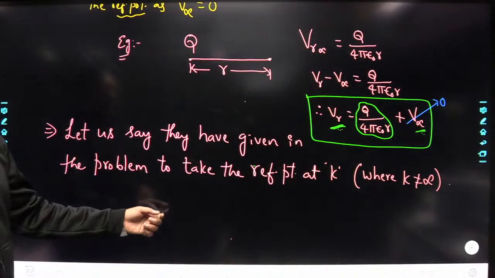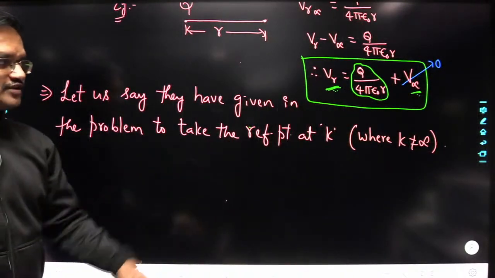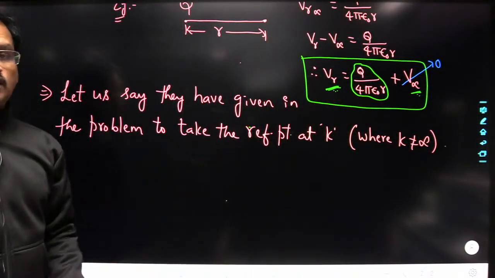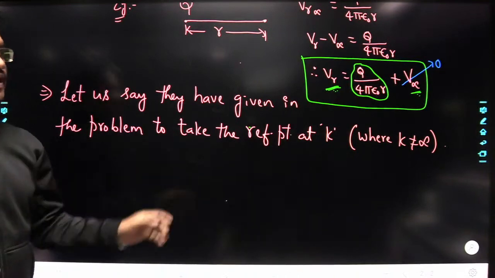So let us say they have given in the problem to take the reference point at K where K is not equal to infinity. In this manner they have given it here.